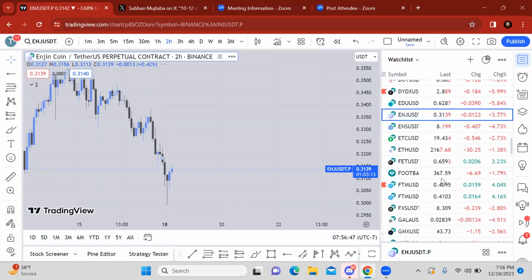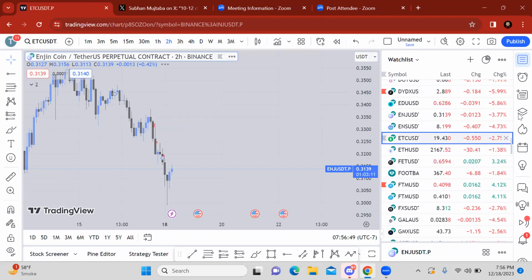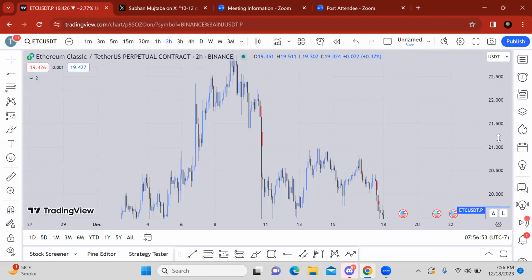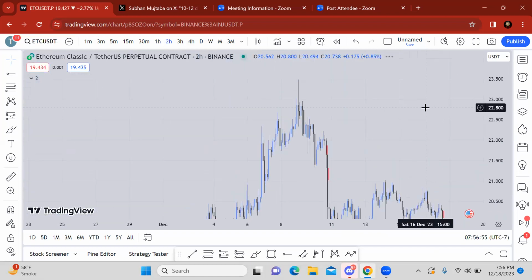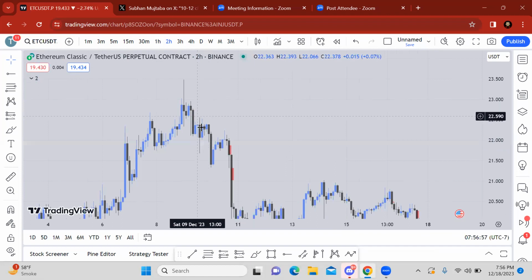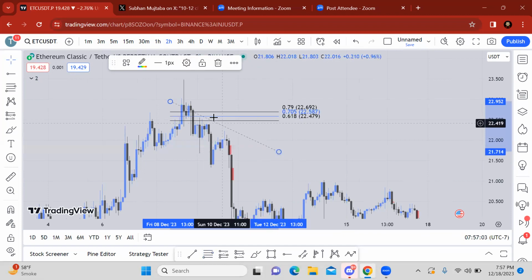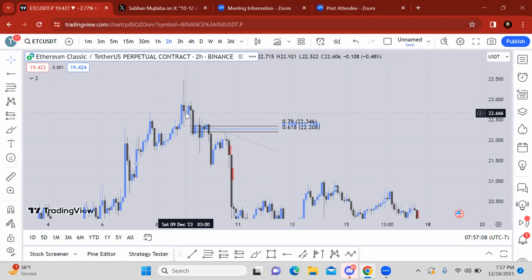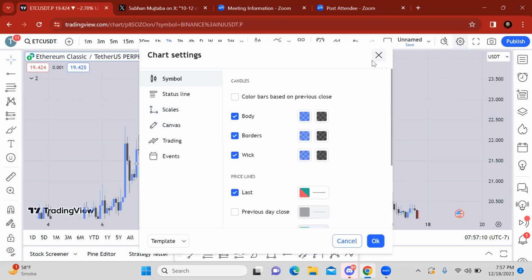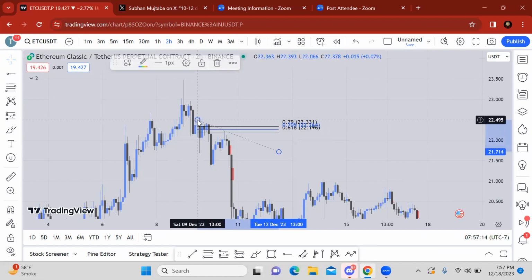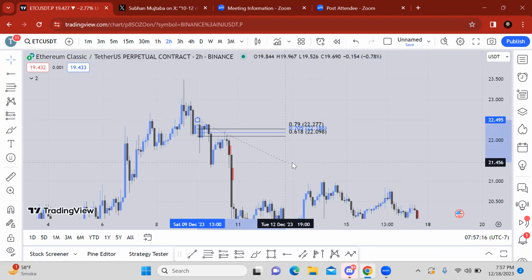Okay, ETC is also a good coin, Ethereum Classic. Structure shifted here, order block marked. There are too many things to watch out for. This was the first one, tagged here beautifully, then a new impulse created here.